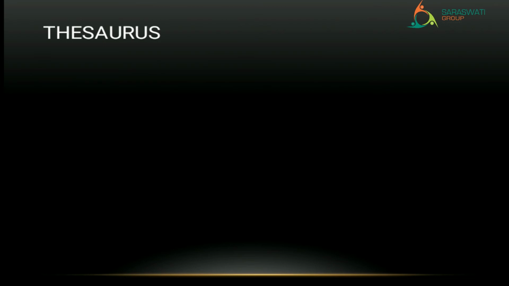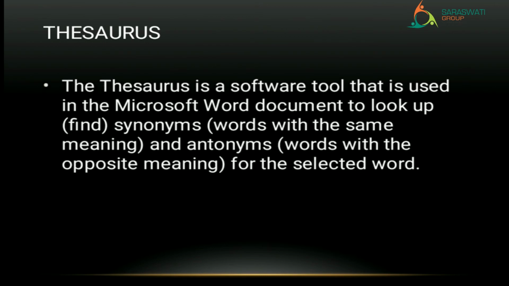Thesaurus. How will you pronounce it? Thesaurus. Right? What is the meaning of it? See, the Thesaurus is a software tool that is used in the Microsoft Word document to look up, that means to find, synonyms, that means words with the same meaning, and antonyms, words with the opposite meaning for the selected word.